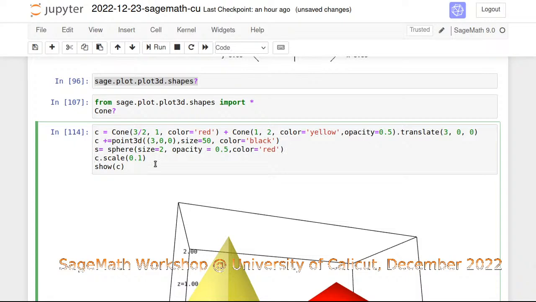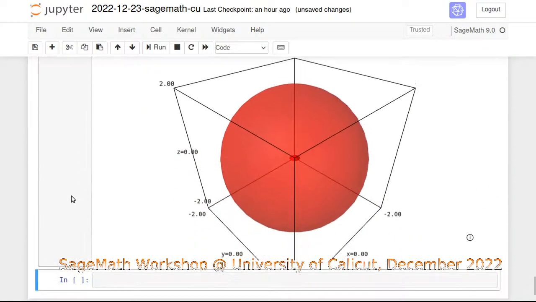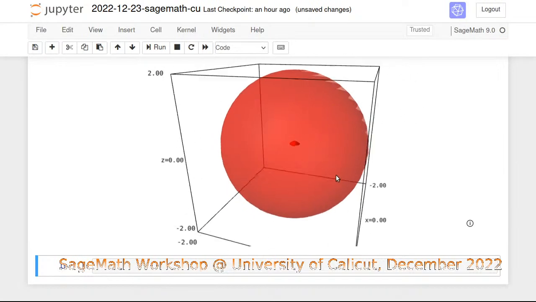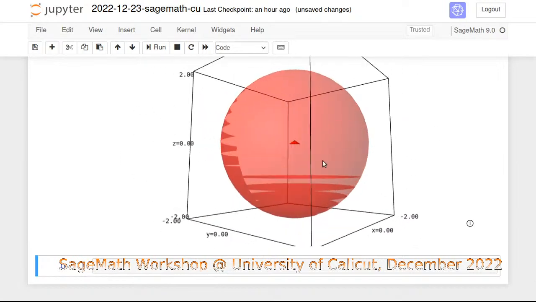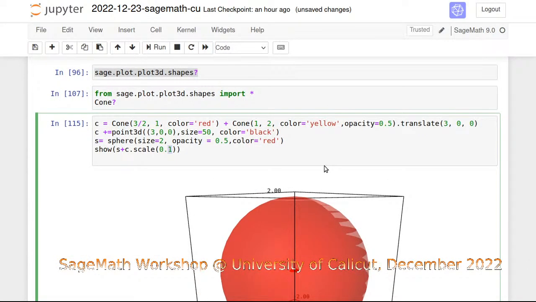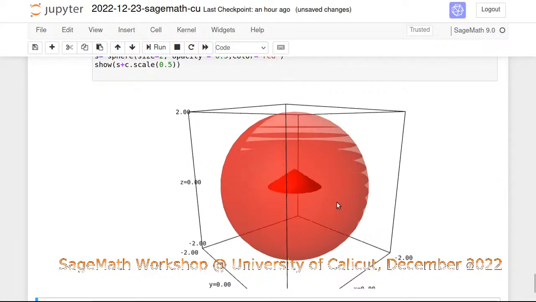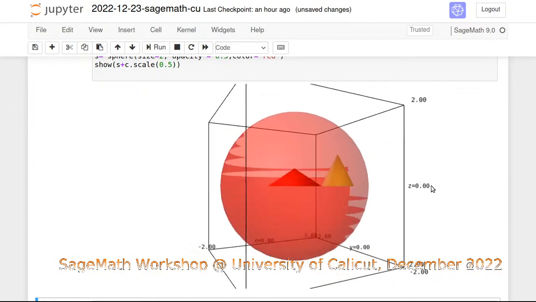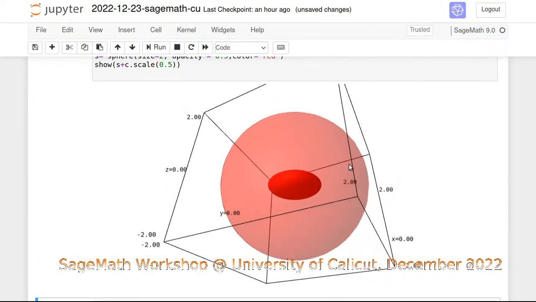S plus. Oh, that's become very small. You can see now the effect of scaling is very clear. So suppose that we have scaled it by 0.5. You can see both these things, but both these things are sitting inside.